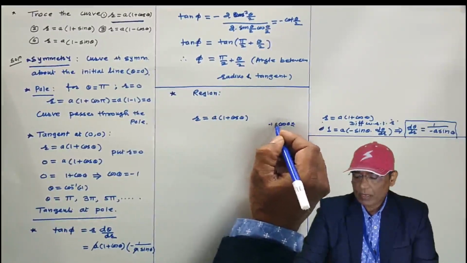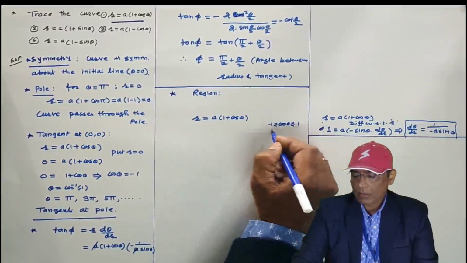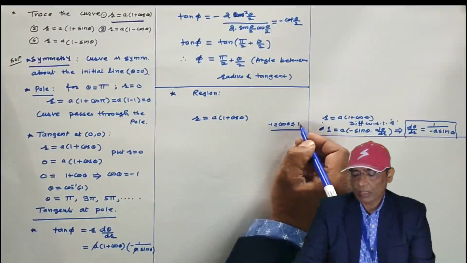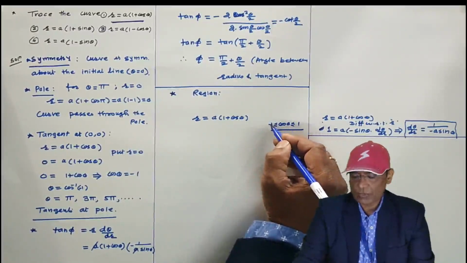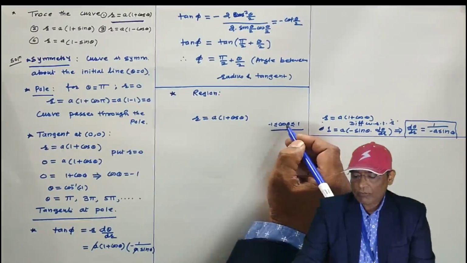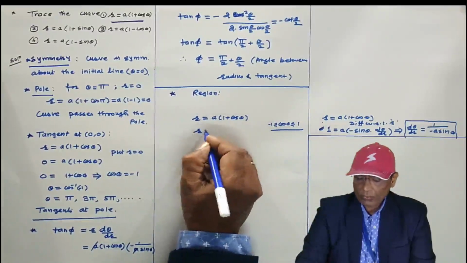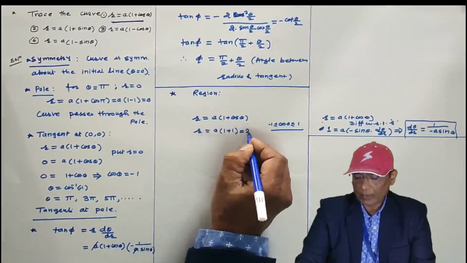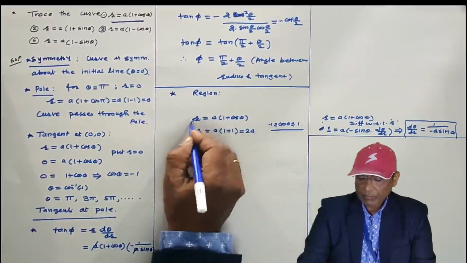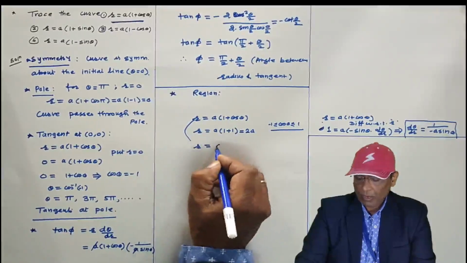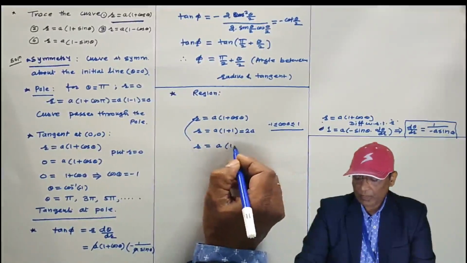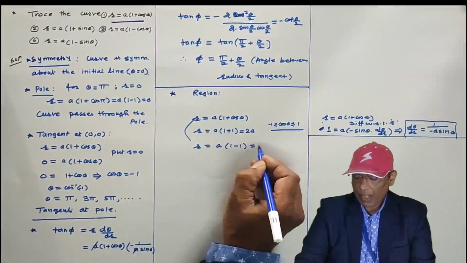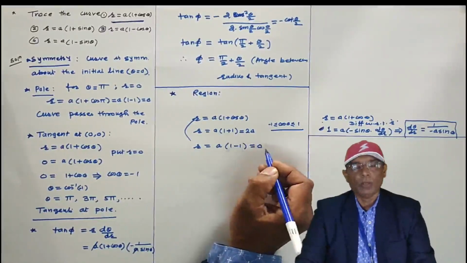The maximum value of cos is 1 and the minimum value of cos is -1. Therefore, the maximum value of r will be 2a, and the minimum value of r will be 0.